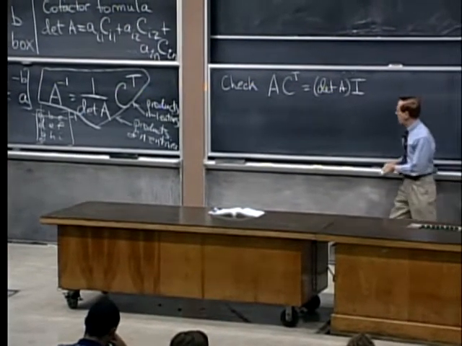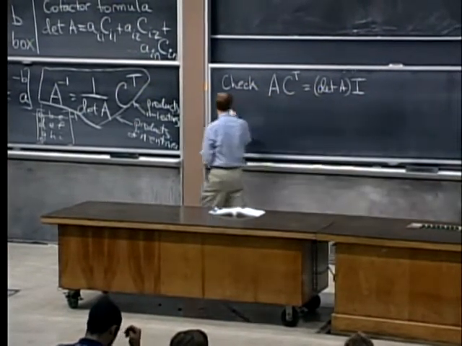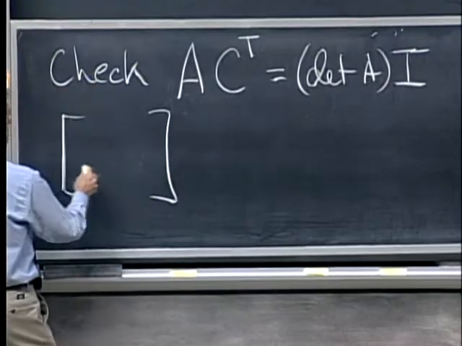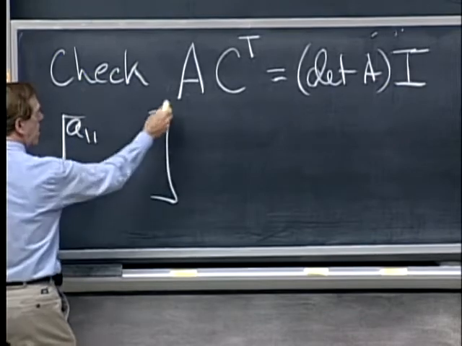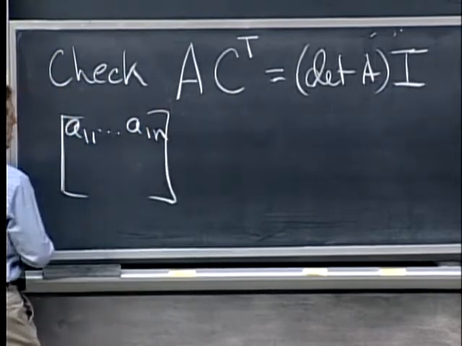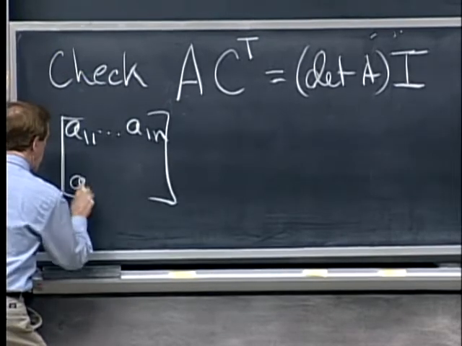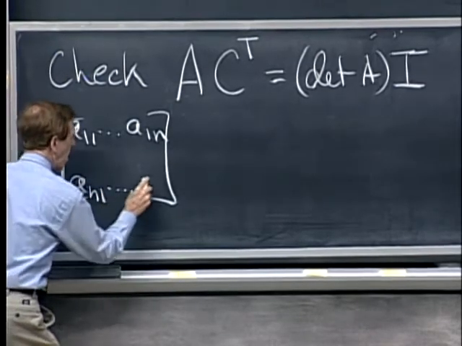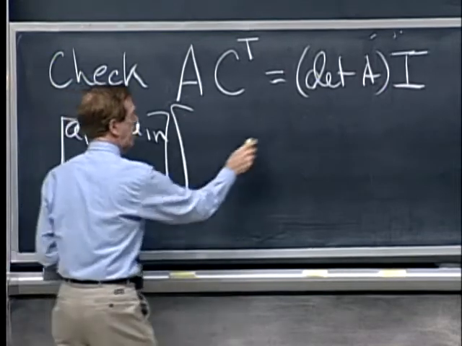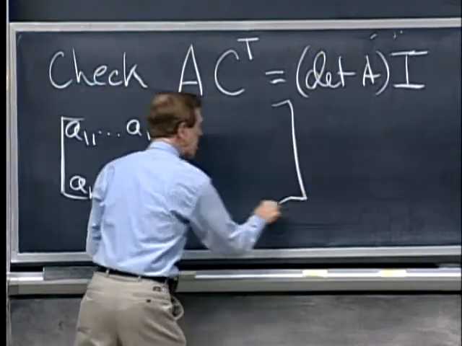Why is that true? Let me put down what I'm doing here. Here's A: A11 along to A1n, and then down in this last row will be An1 along to Ann. And I'm multiplying by the cofactor matrix transposed.